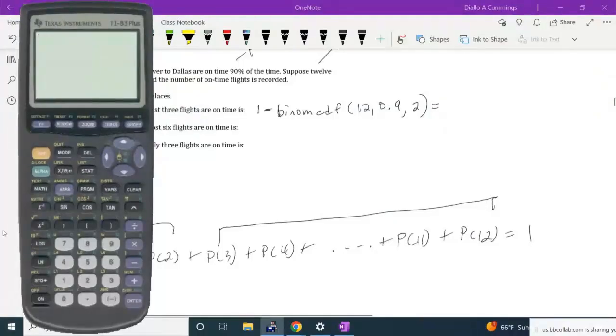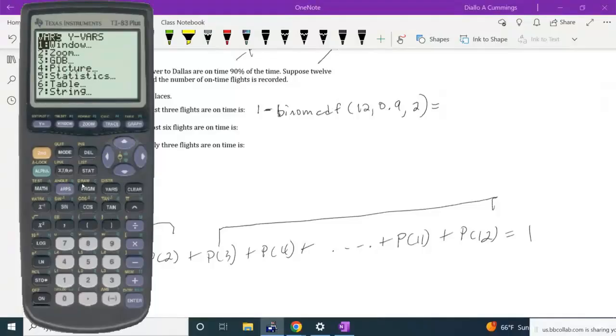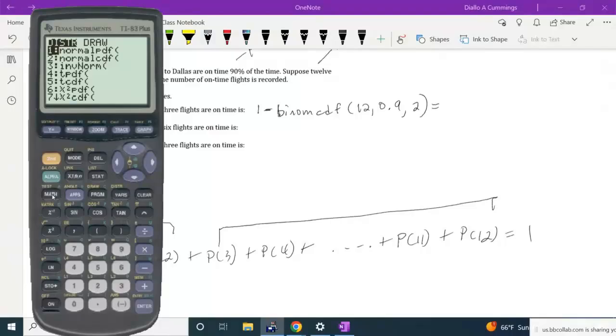All right, so I'm just going to pop it in: 1 minus the binomial CDF, 12 trials, 90% is the probability of success. We want 2.